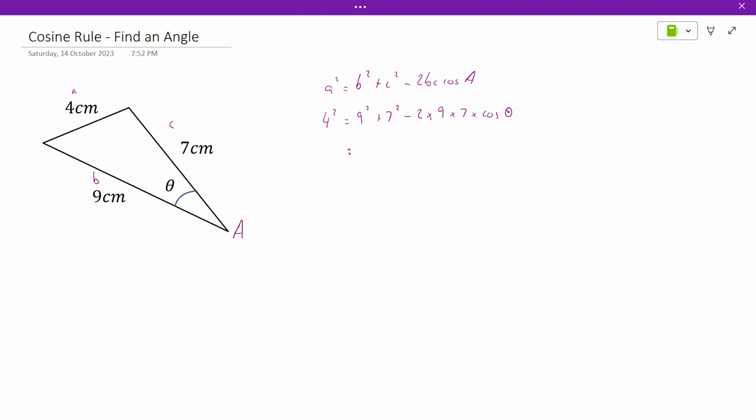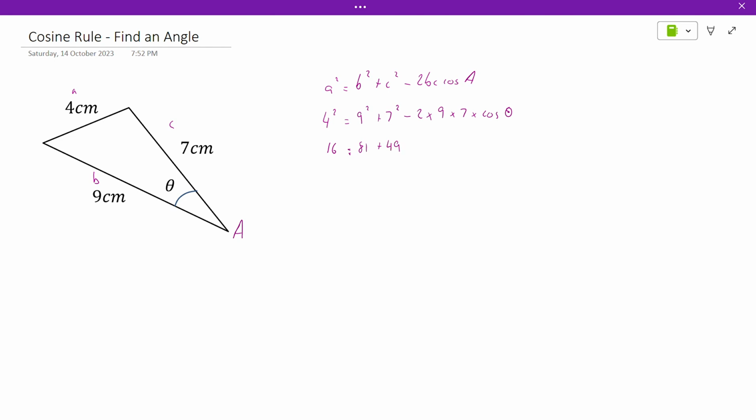Now for the purpose of the video, I'm going to simplify in a few steps. Once you do a few of these, you can simplify a few terms at once. So let's do the left-hand side. 4 times 4 is 16. 9 times 9 is 81. 7 times 7 is 49.